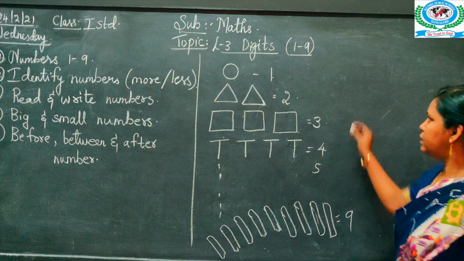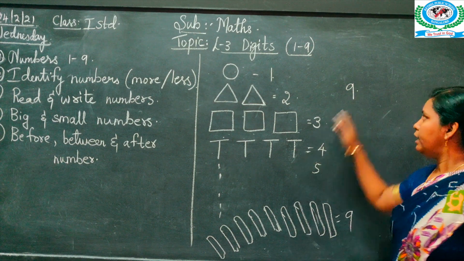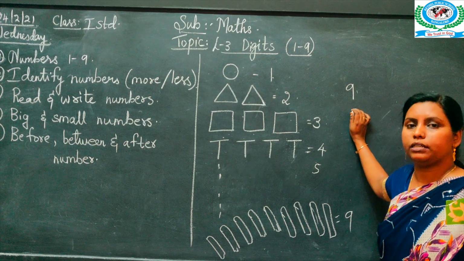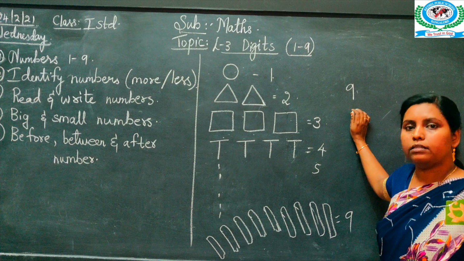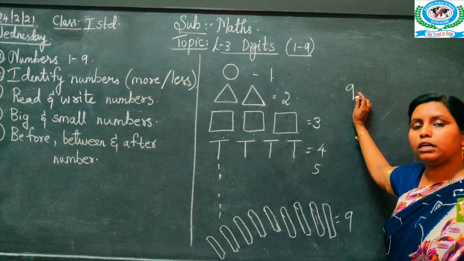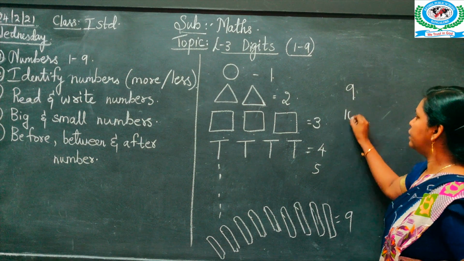So what is the next thing? What is this 9? 9 is a digit. It is the greatest single digit number. It is 9. And which is the smallest 2-digit number? It is 10.